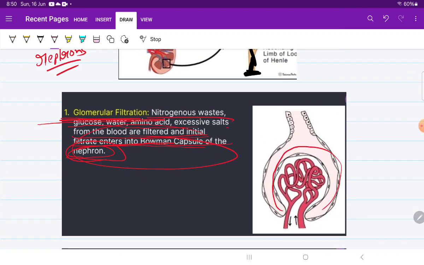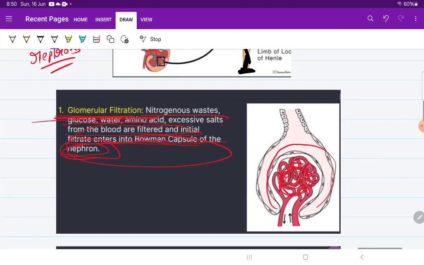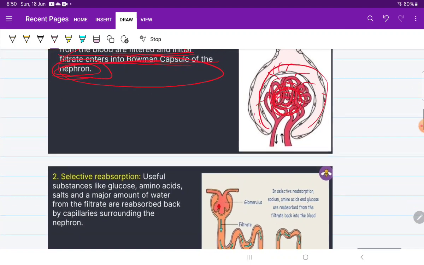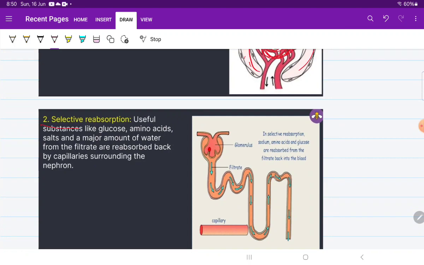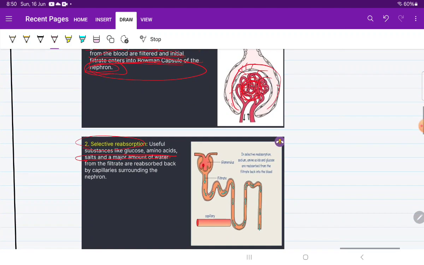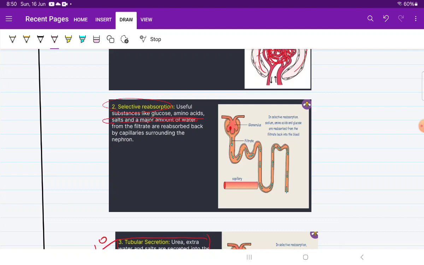As I have told, there is a Bowman capsule and the glomerulus capillaries are there. The filtration takes place. All the waste material is absorbed in it. Then selective reabsorption takes place. All the useful materials like glucose, amino acids, salt, and a major amount of water, which are taken into the excretion system, are reabsorbed.